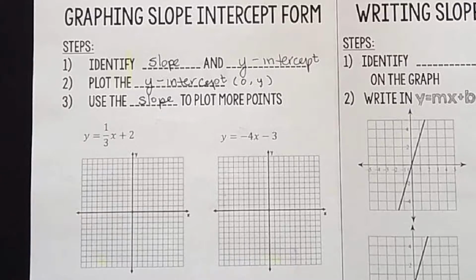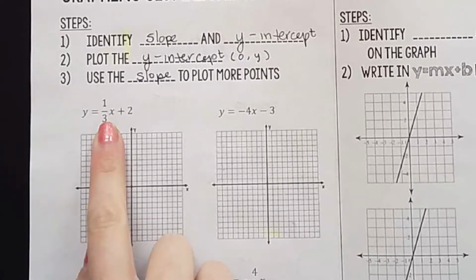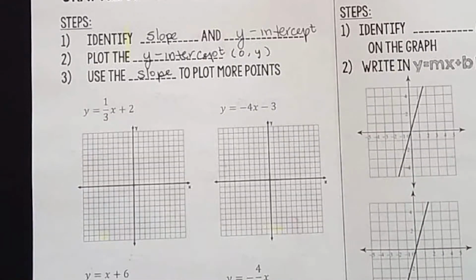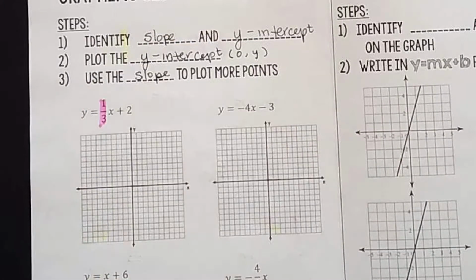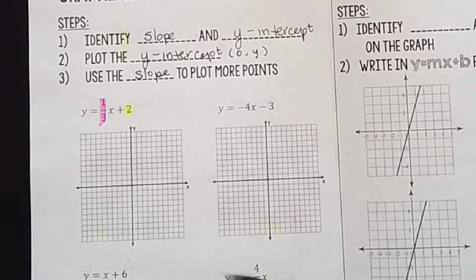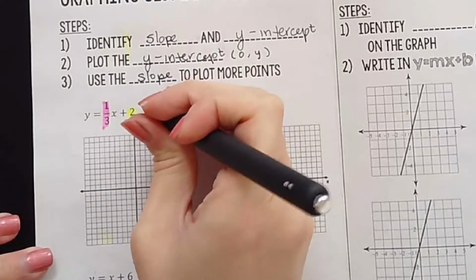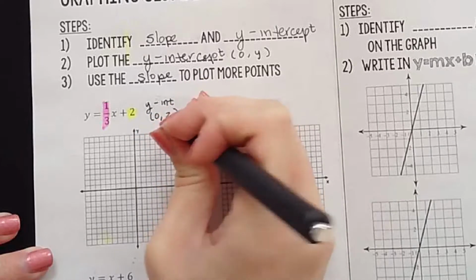So for our first example, my linear function is the equation y equals 1/3 x plus 2. So my slope is 1/3. My y-intercept is positive 2. So I know I'm plotting the point positive 2. So my y-intercept is at (0, 2).